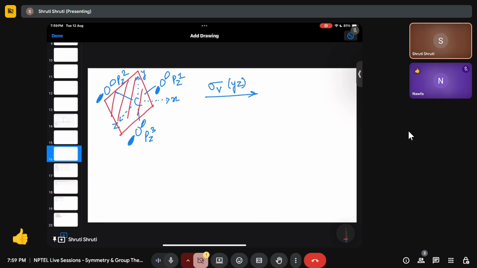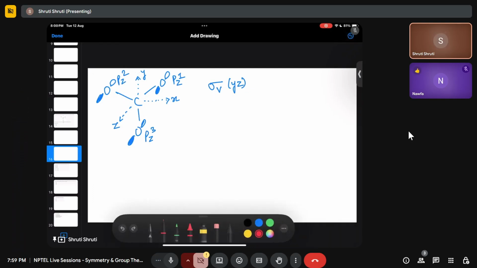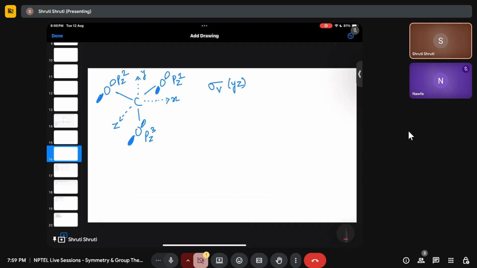Okay, I drew the plane wrong. Y, Z plane. So this is along the z-axis, so let us just draw it like this. See, this is z, this is x, this is y.